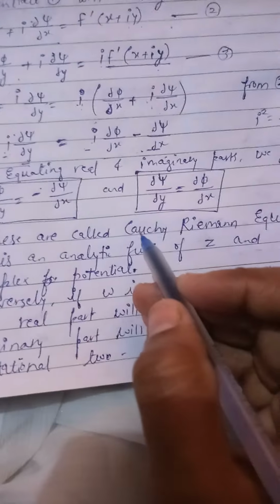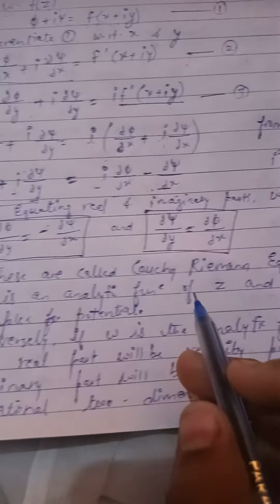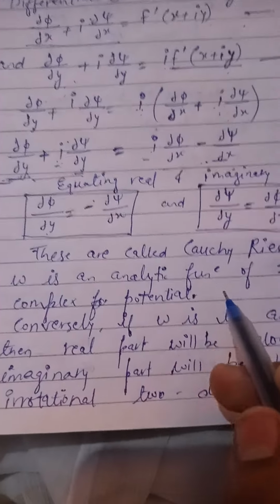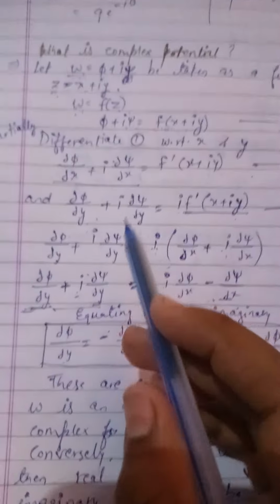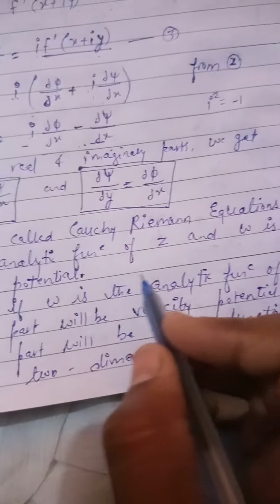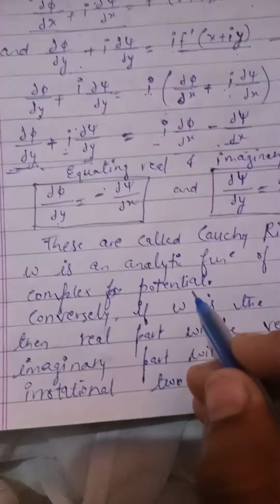So this is known as the Cauchy-Riemann equation, and the functions which satisfy this Cauchy-Riemann equation are called analytic functions. So W, where W is equal to phi plus i psi, is an analytic function of Z, and W is known as the complex potential.